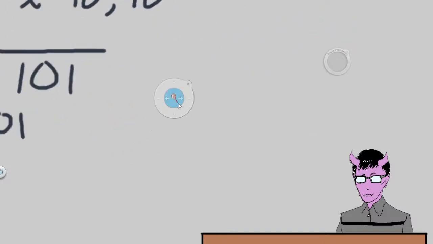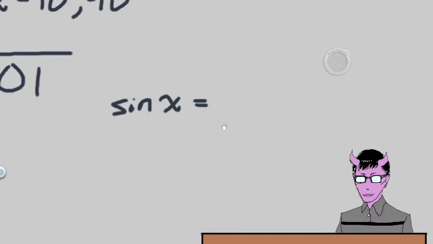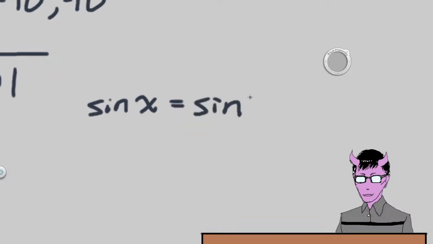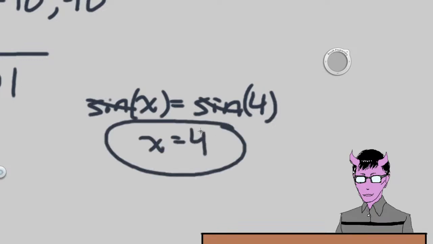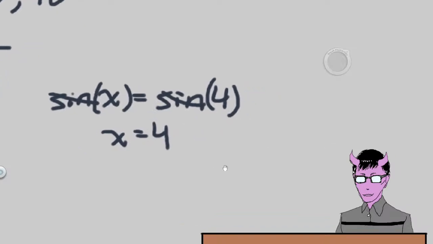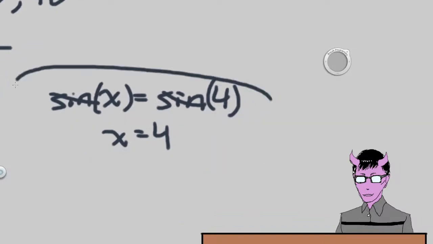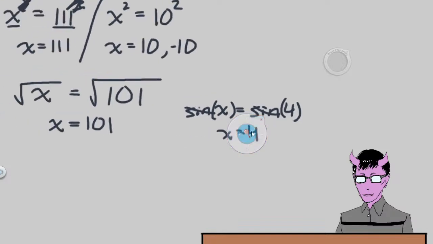Something we haven't really covered yet: if you have sine of x equal to sine of 4, for example, well, what do you think? This is a sine function of x, and this is a sine function of 4. We could undo the functions from both sides and get x is equal to 4. Now, technically, there are infinite answers, but there's some sort of domain restriction, right? But let's ignore that for now. I'm just trying to illustrate a point.